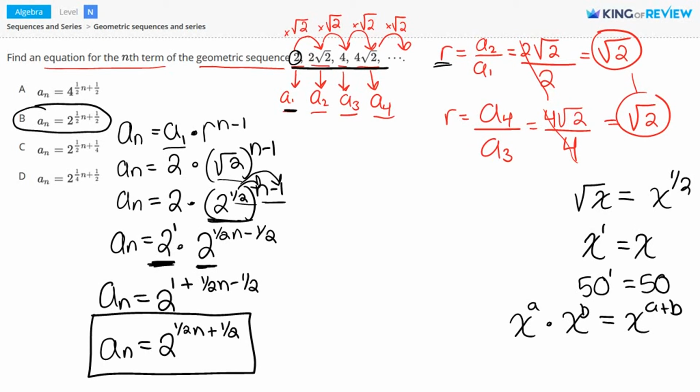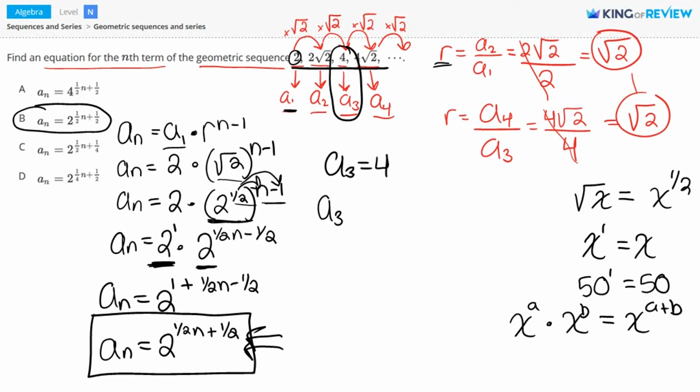One way to check if you got the right answer is to plug in some values into the equation that you came up with. So let's take this term here. Let's take the third term. A3 is 4. So the third term, which is A3, this is 4. Let's plug this in to our equation for the nth term and see if it makes sense. So A3 equals 2 to the 1/2 times n, this is the third term, plus 1/2.